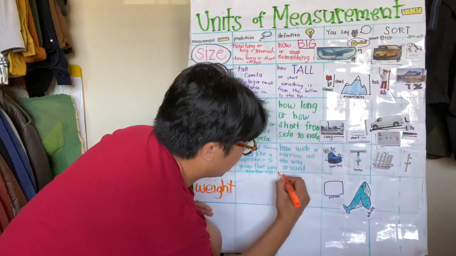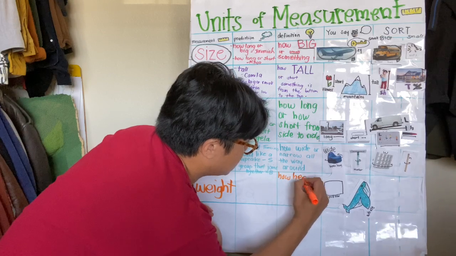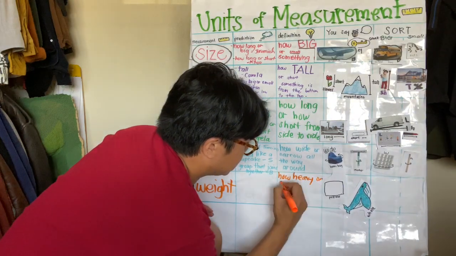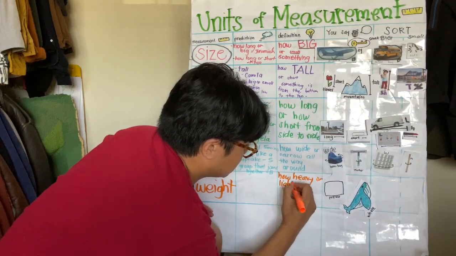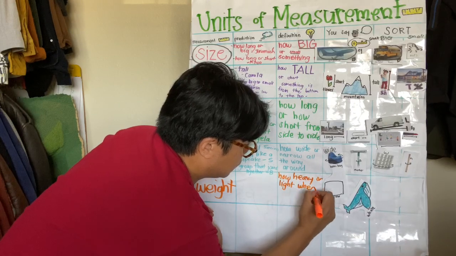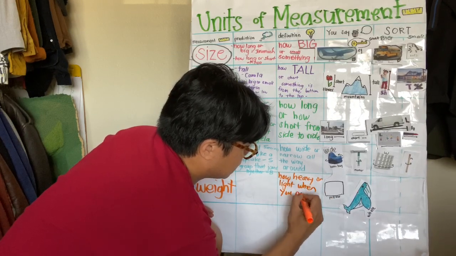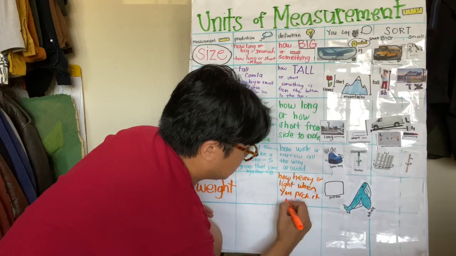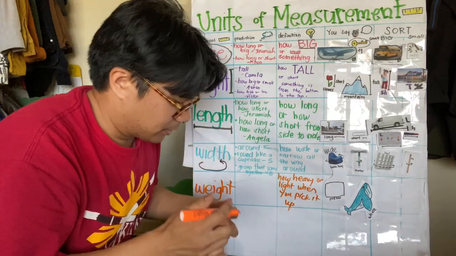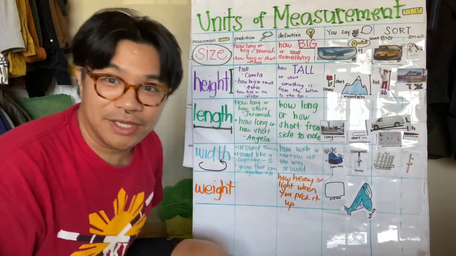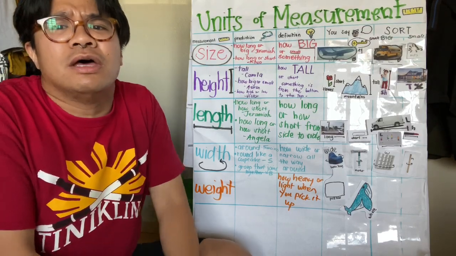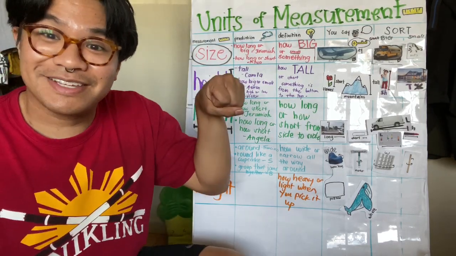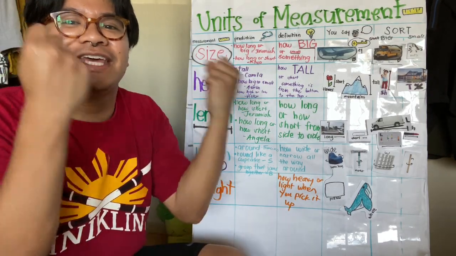So how heavy or light when you pick it up. All right, friends, so that's what weight means. Weight means how heavy or how light something is when you pick it up.